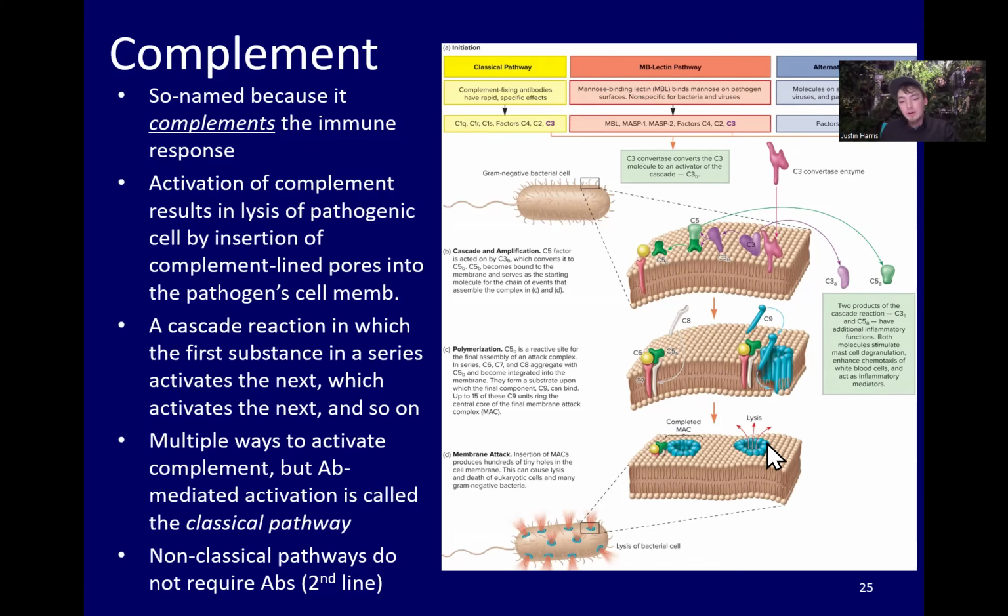And this pore allows liquids to come in and out of the cell freely, which is problematic for keeping up the homeostasis of the cell, because you can't keep up chemical gradients when you have these kinds of holes. And so it just inevitably leads to the death of the pathogen.